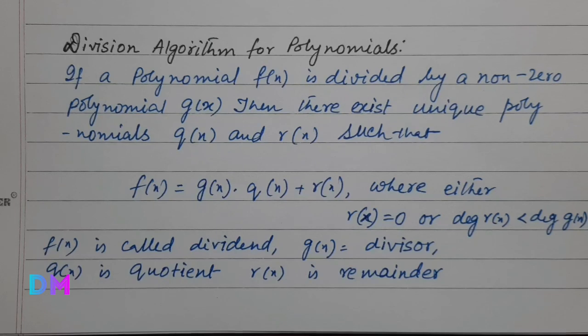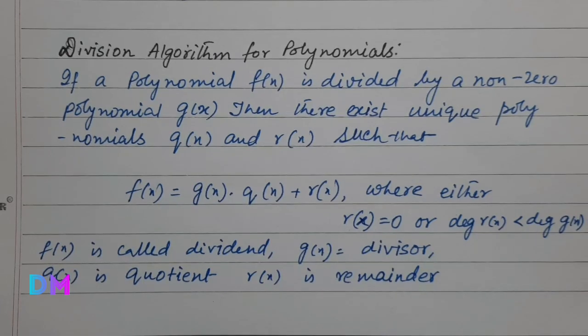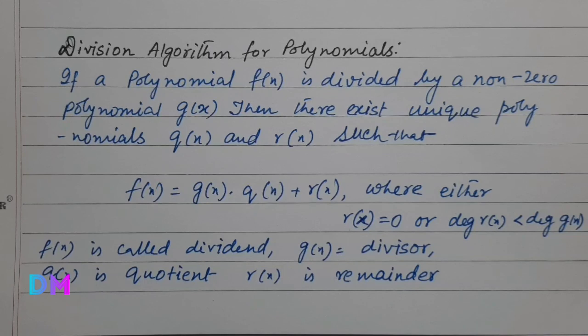Here f(x) is called the dividend, g(x) is called the divisor, q(x) is called the quotient polynomial and r(x) is called the remainder polynomial. So this was the division algorithm for polynomials.